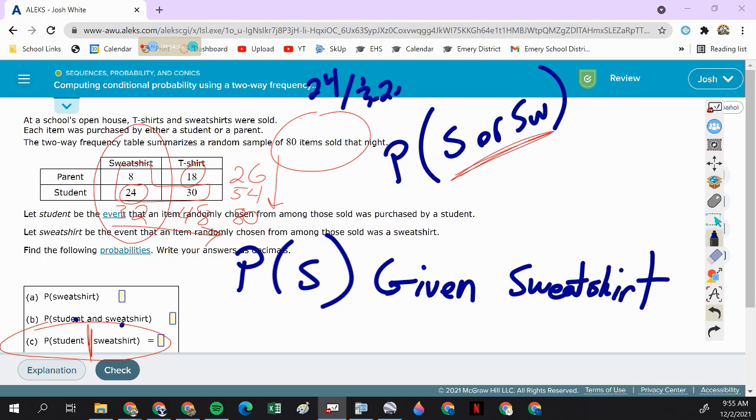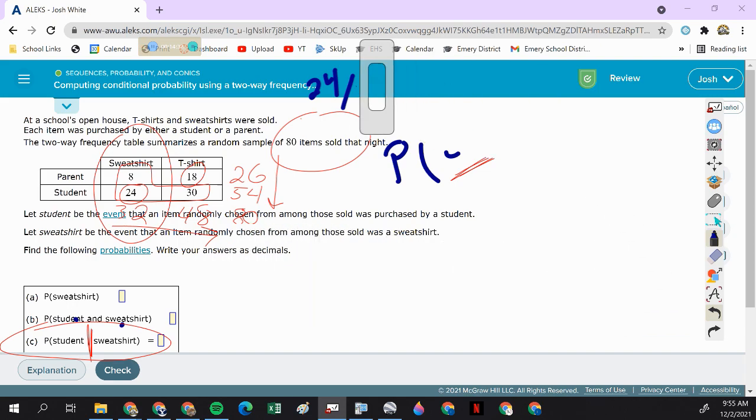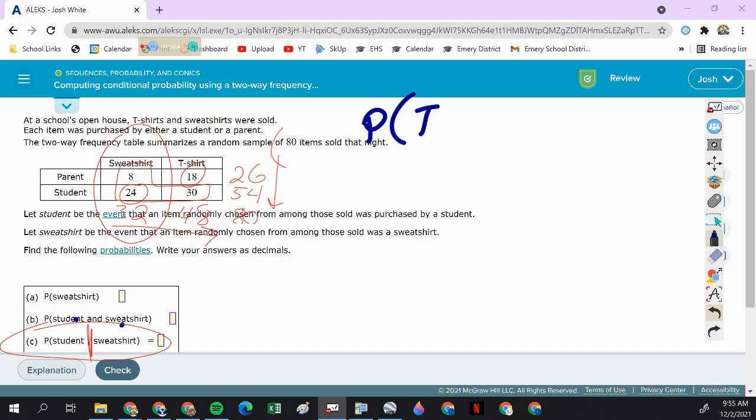So what if I asked, what is the probability of t-shirt given parent? What is the probability that you randomly pick a person who bought a t-shirt given that you know that that person is a parent? 18 out of 26.